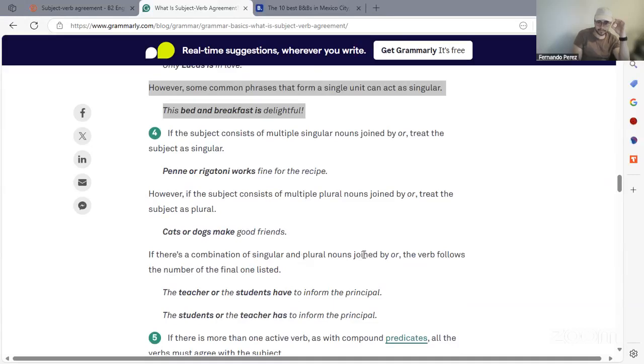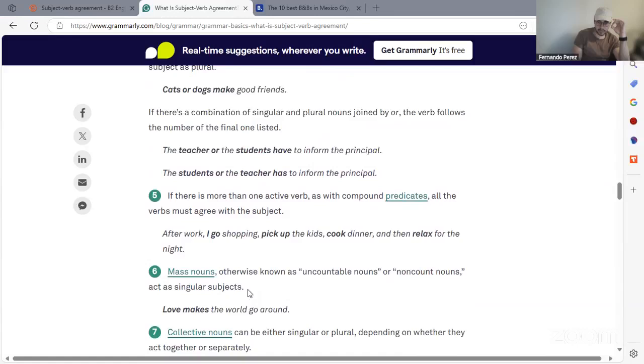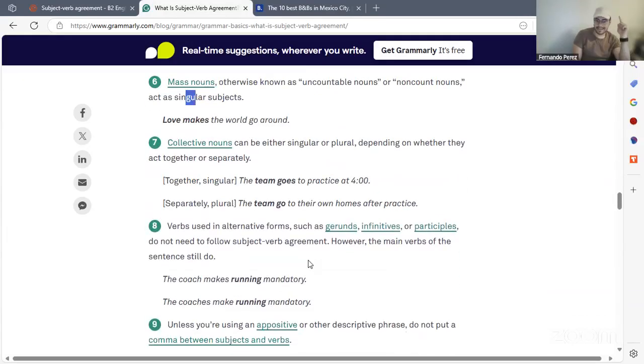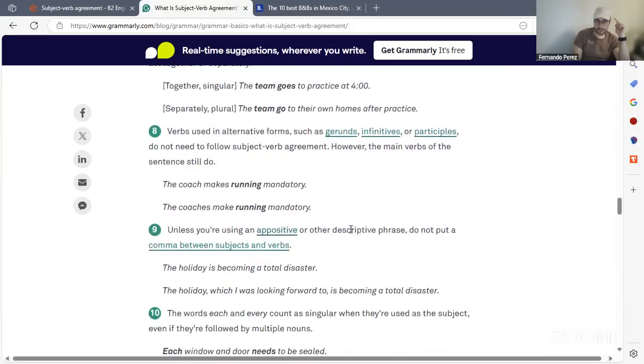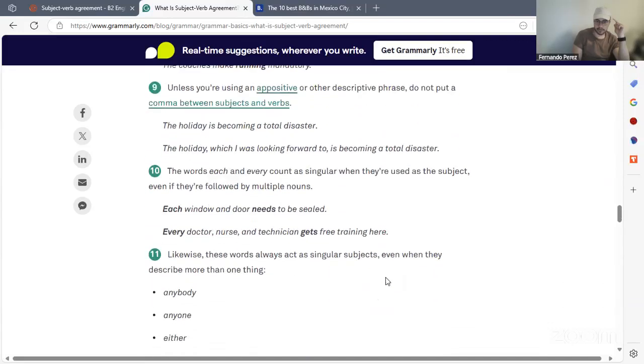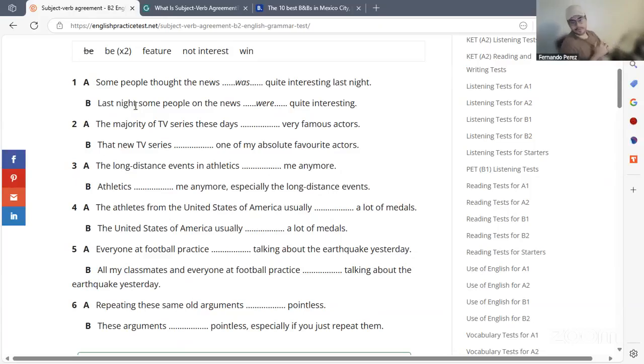Singular. Good. Singular arguments. Just remember to say you.